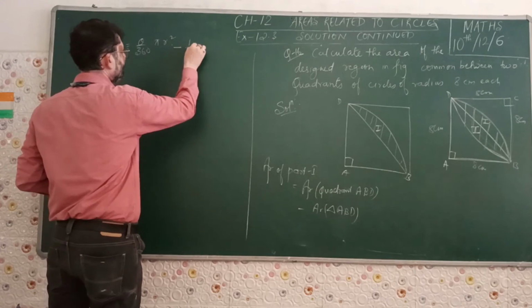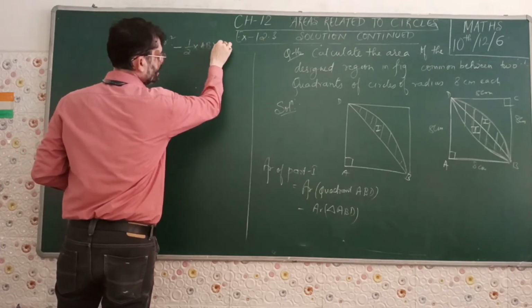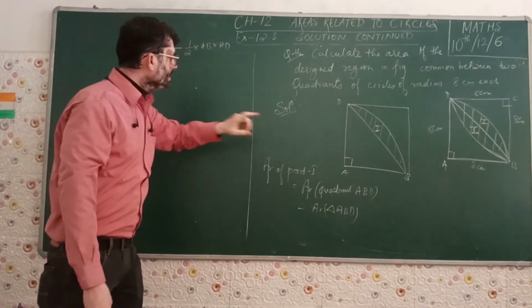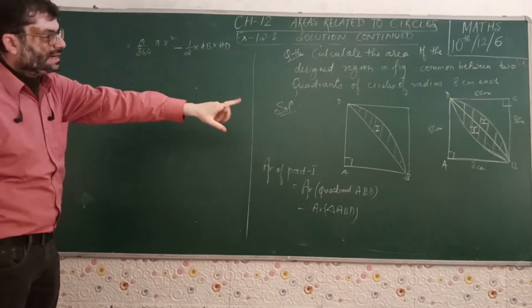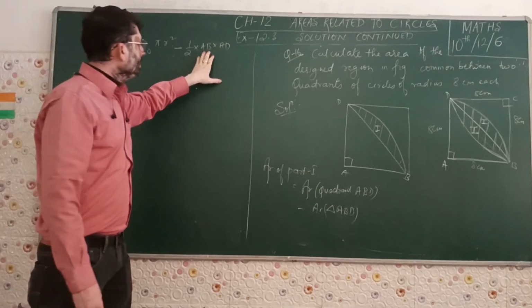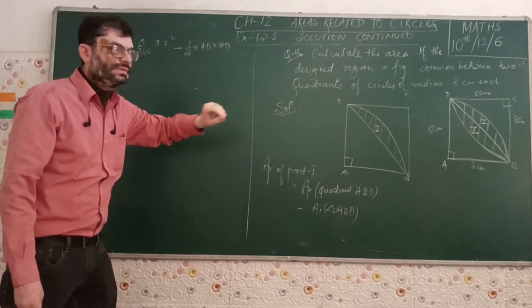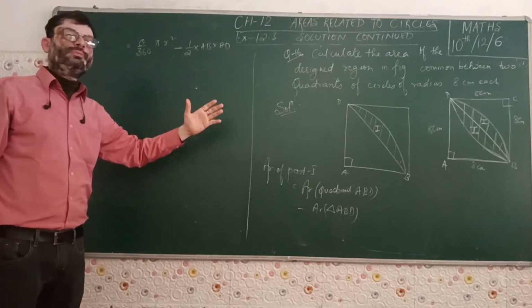So this is half into base AB and into height. Theta equals 90 degrees for the quadrant. Radius is 8 centimeter, that is given in the question. For the triangle ABD, the base AB is 8 centimeter, it's given there, and our height AD is also given. We just have to substitute and obtain the area for part 1.